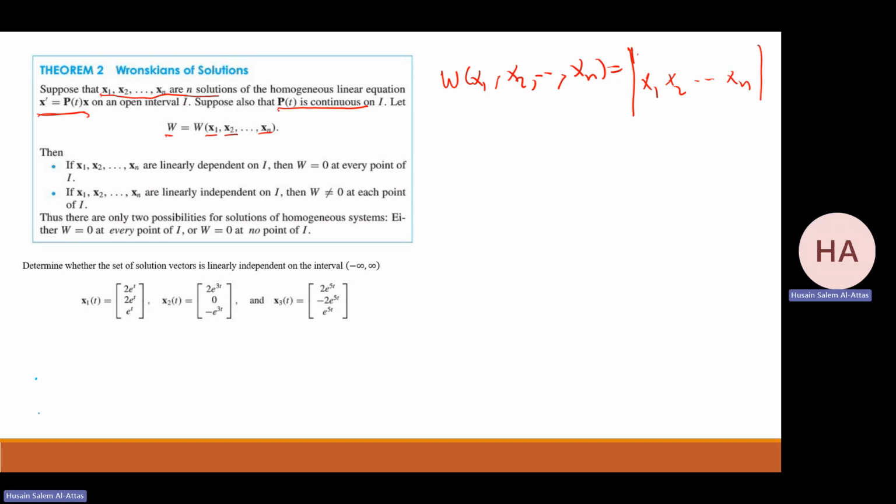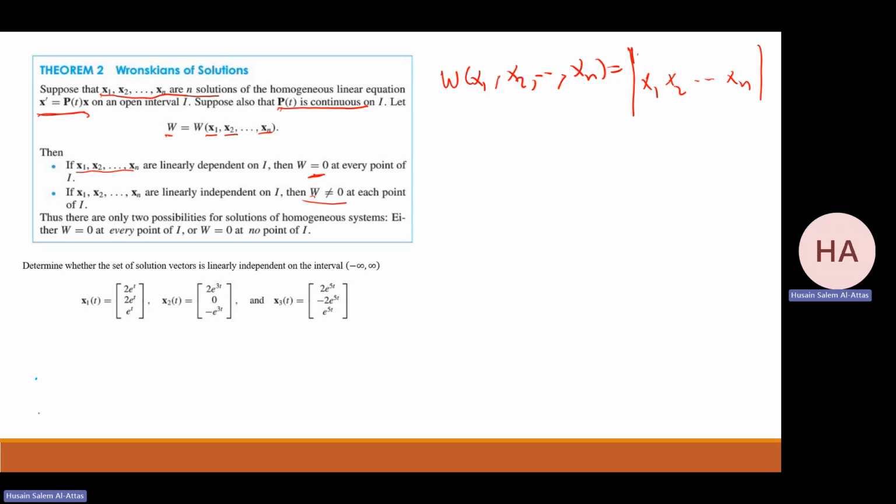What they said is, if P of t is continuous and these are solutions, then the Wronskian is either 0 at every point in that interval, or it's not 0. So I check the Wronskian. If the Wronskian is equal to 0, then they are linearly dependent. If the Wronskian is not equal to 0, then they are linearly independent.